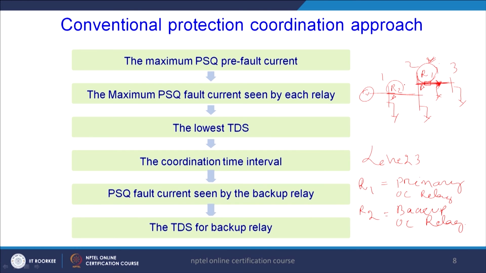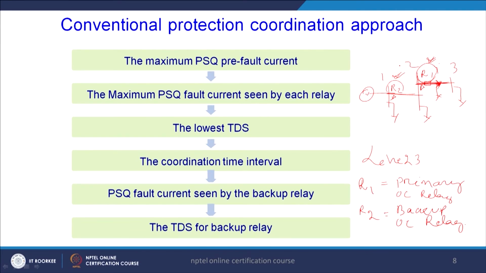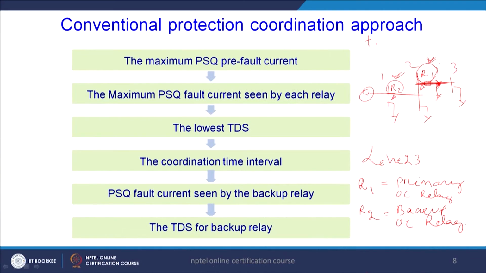If R1 is failing, R2 will not operate very quickly, it will wait for 0.3 to 0.5 second and then R2 will react. That is the operational time for the backup relay, and that is why the time of operation T R2 is equal to T of R1, the time of operation of relay R1, plus the circuit breaker operation time, T circuit breaker, plus, stated as X, some tolerance overshoot time.